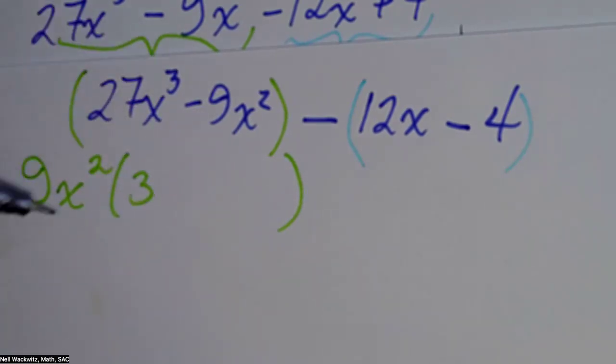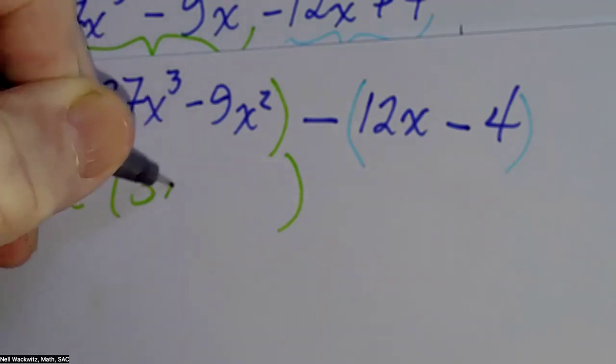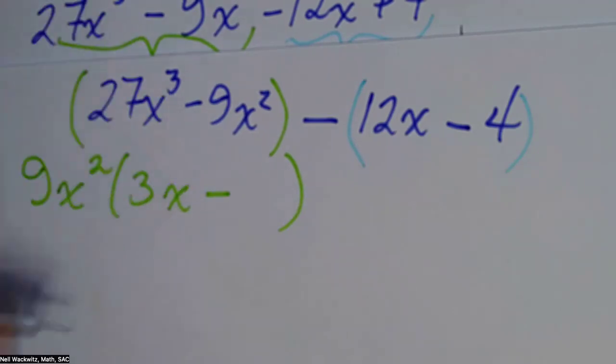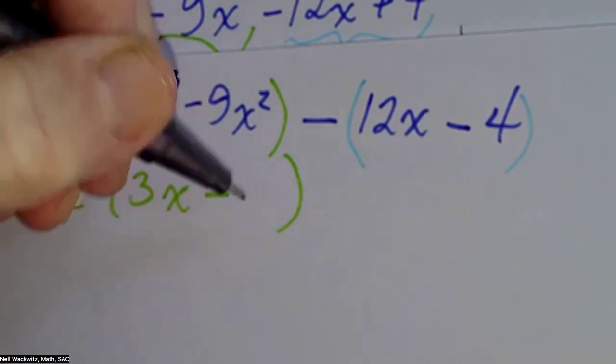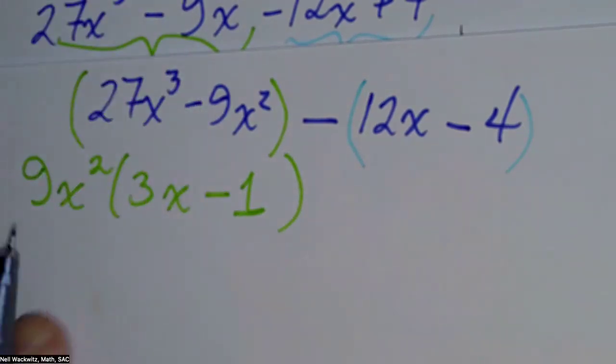And x cubed divided by x squared is just x. Good. 9 divided by 9 is 1, and x squared divided by x squared is nothing. That's still 1, right?